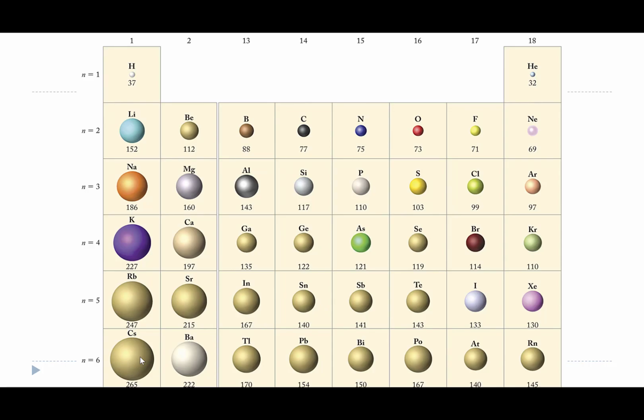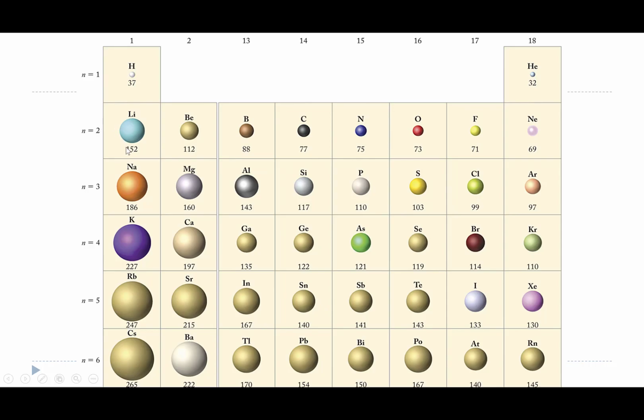If we think about the atomic radius, we're talking about the nucleus to the valence electrons. In hydrogen, where are those valence electrons? Those valence electrons are in the first energy level. So we put one shell around that hydrogen, and boom, the electrons are right there.